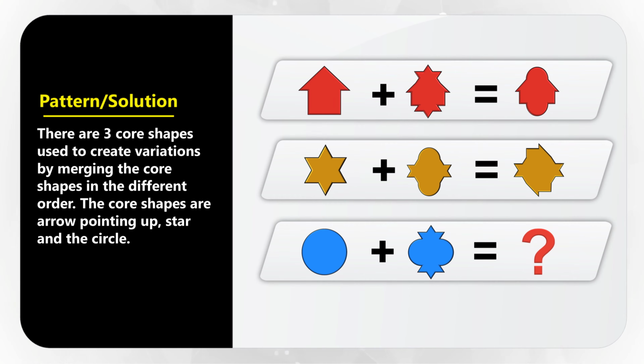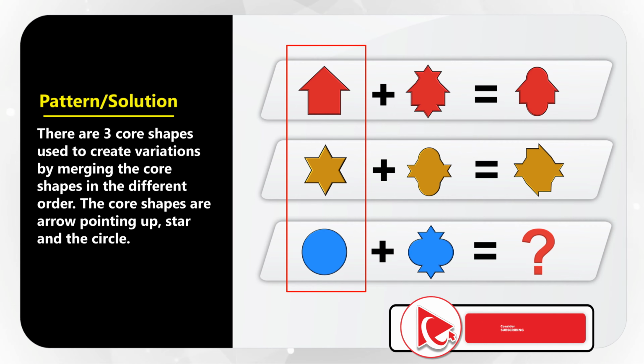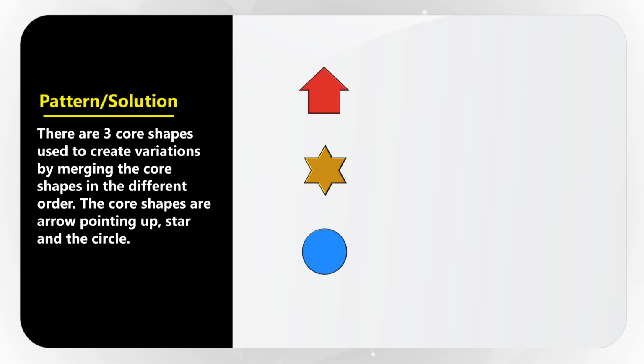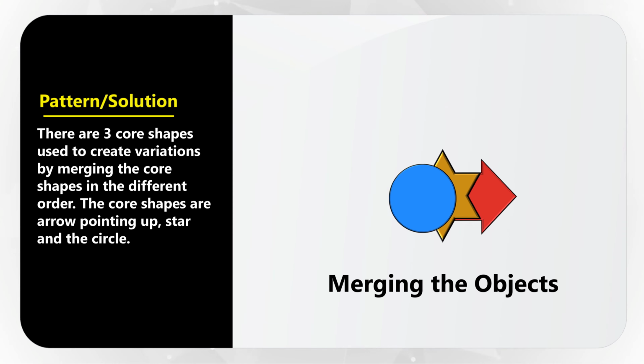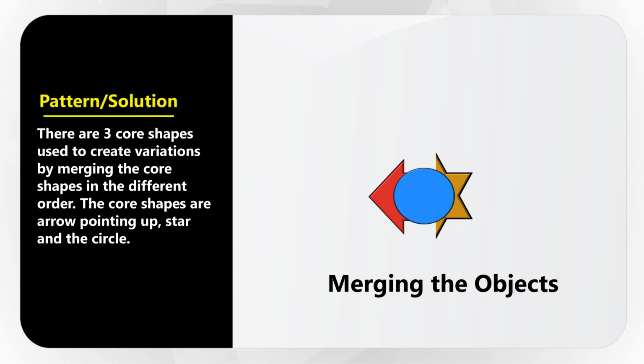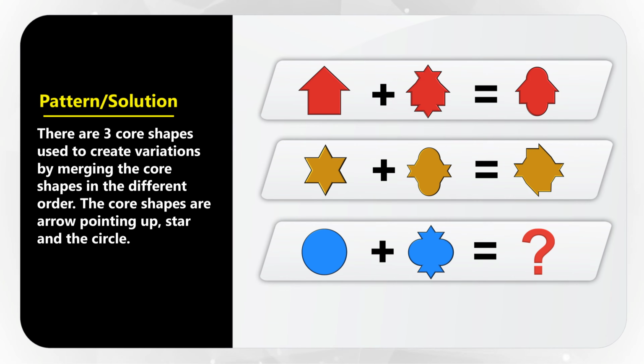And the pattern here is that there are 3 core shapes represented by objects in the first column. The core objects here are an arrow pointing up, a star, and a circle. And all remaining objects are just variations which are created by merging core objects into another object. Let me demonstrate by starting with the red sequence.